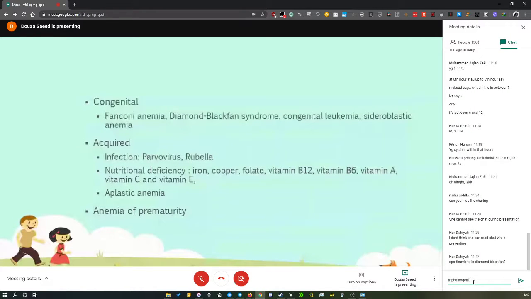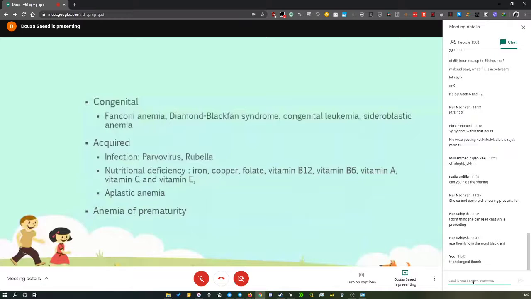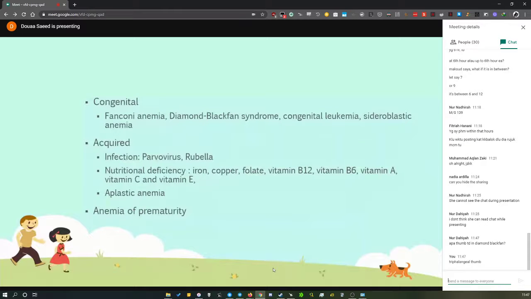Williams syndrome? No, not Williams syndrome. Which syndrome is associated with ASD? Start with H, H-O. Holt-Oram syndrome.